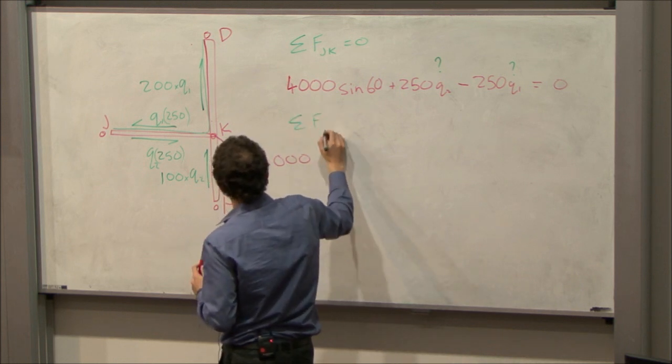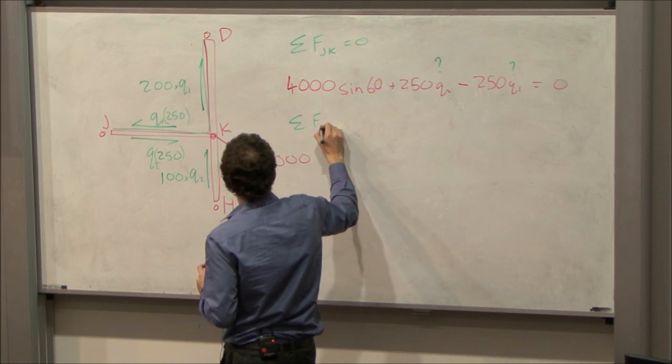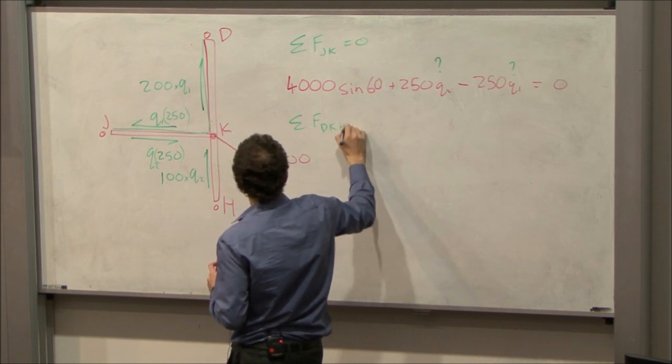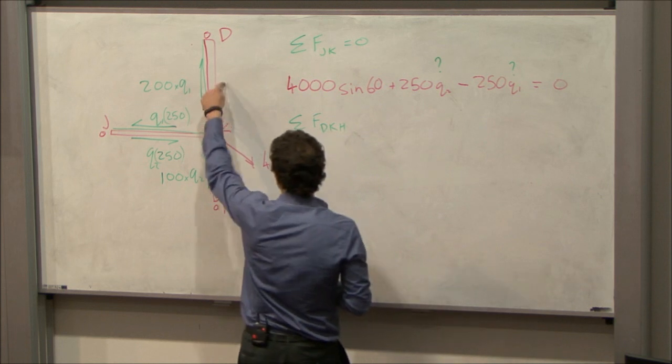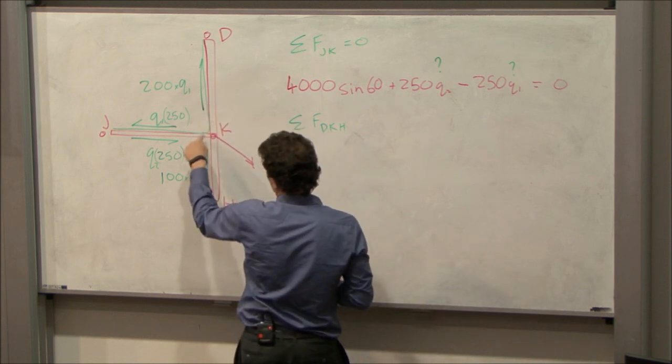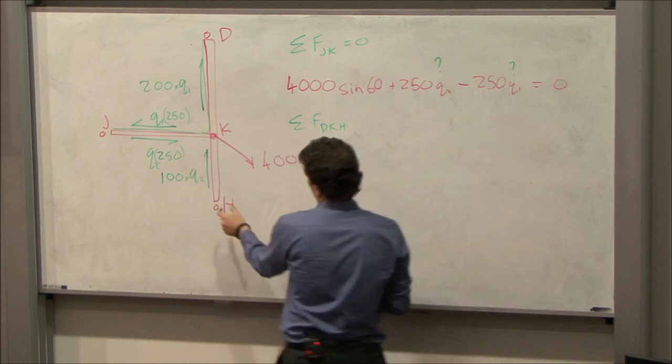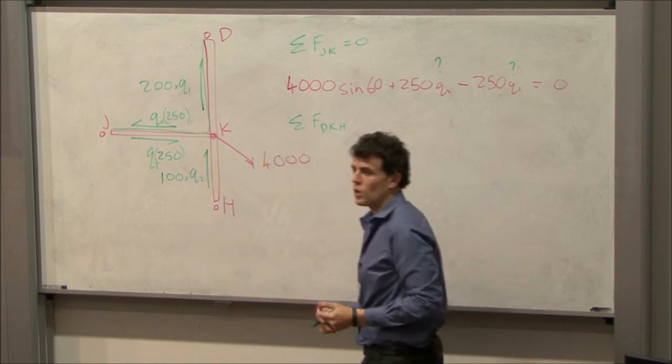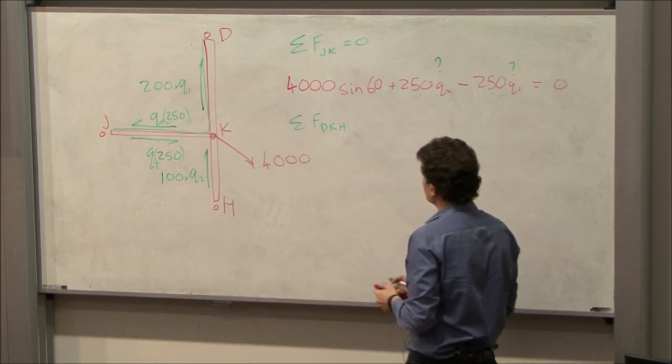Sum of forces on DKH. Now we can't do these independently because there is going to be some force transferred at K. So we have to treat DKH as one big piece.